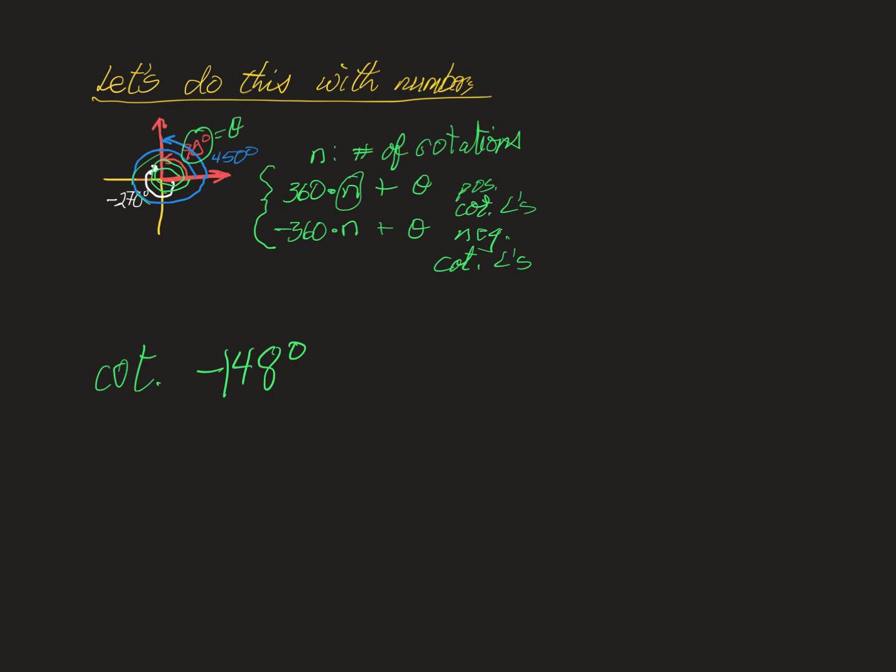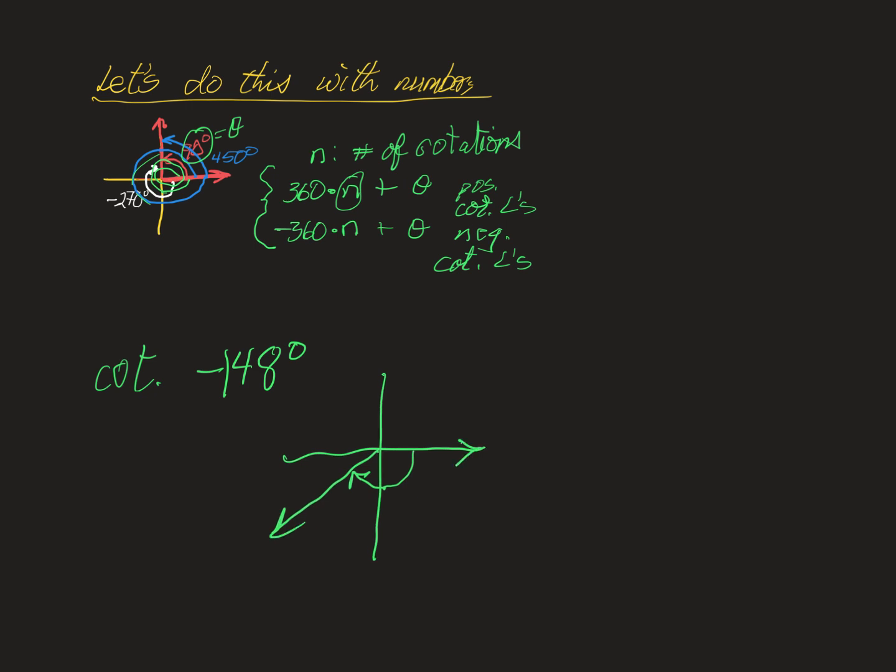So all I have to do is look at that on the picture. Now I know 90 in the negative direction, and then another 90 is negative 180. So negative 148 is right there somewhere.